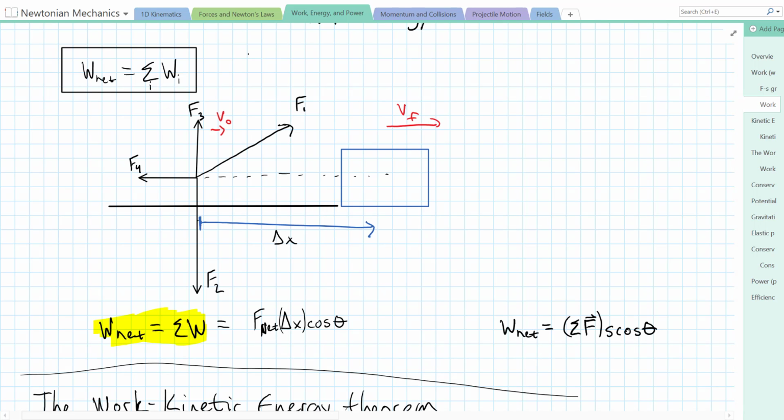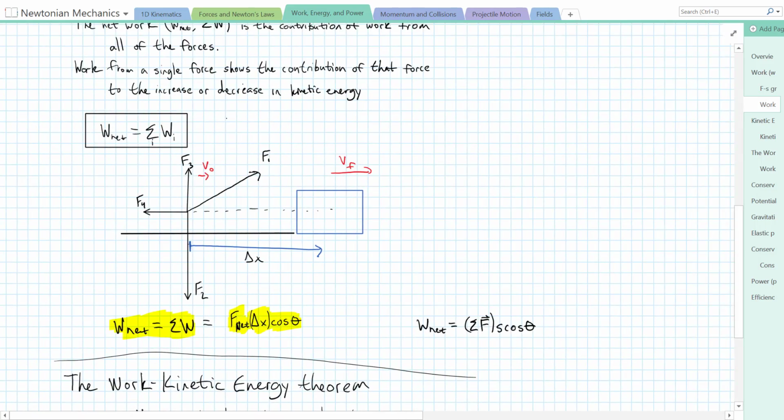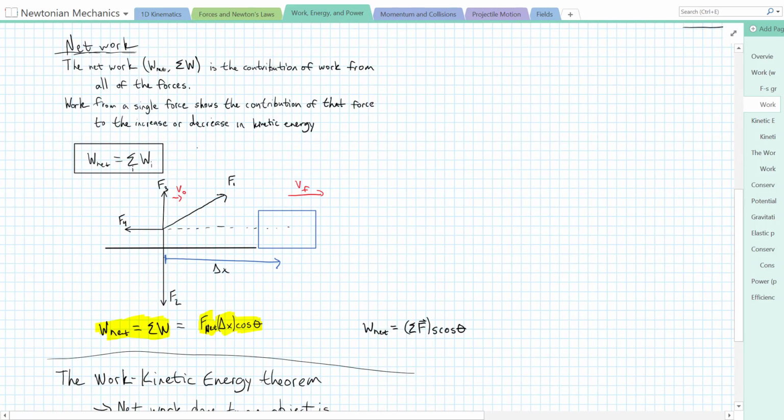The other way we can do it is if we find the net force by finding the sum of the forces and then add up the work. Find the work done by the net force by doing net force times displacement times cos of theta, where theta is the angle between your net force and your motion. So now that we know what the net work is, let's go calculate it in that problem.